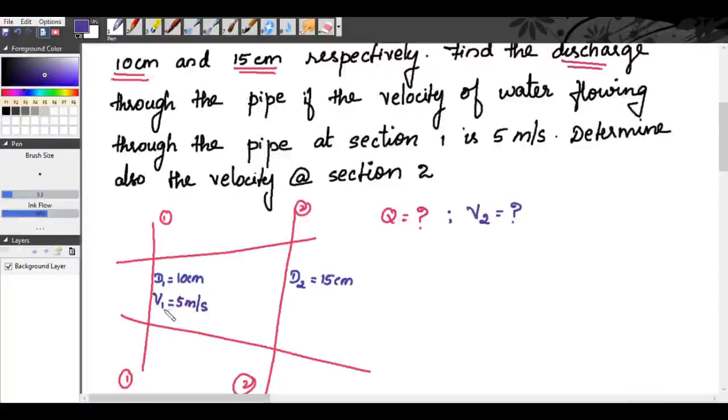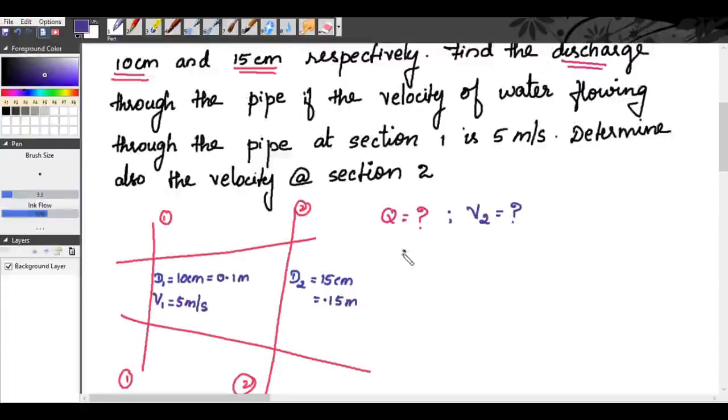Velocity is given in meter per second, so we will convert the diameter into meter. 10 centimeter is 0.1 meter, so D1 is 0.1 meter, and D2 is 0.15 meter.